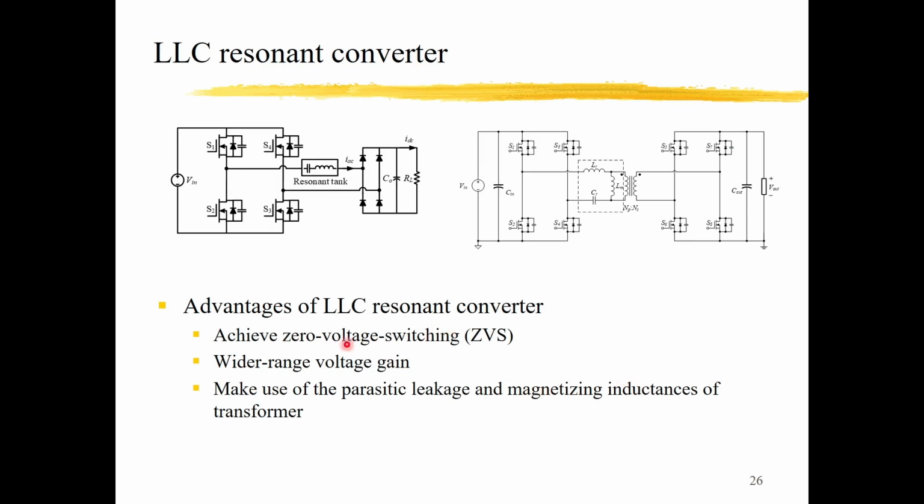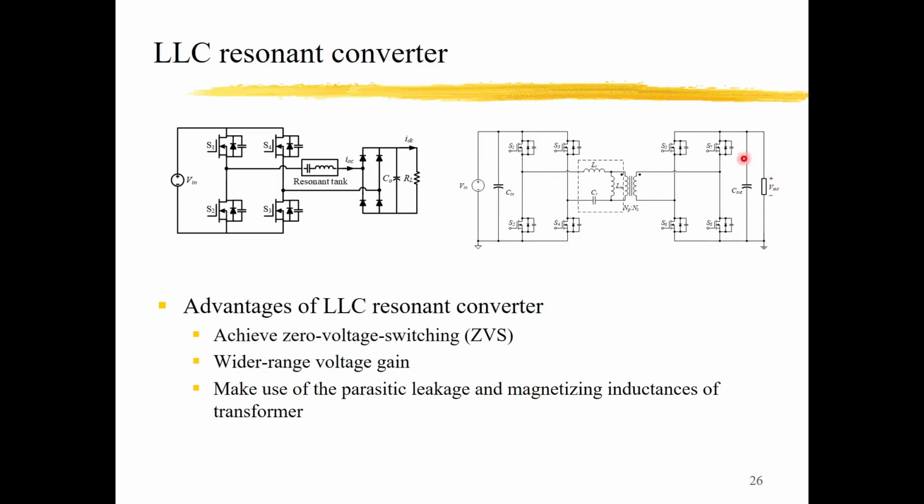And this is the introduction of the LLC resonant converter. There are two inductors and one capacitor here, and usually we need some switches to transfer the DC to a rectangular waveform and feed it into the LLC resonant tank.